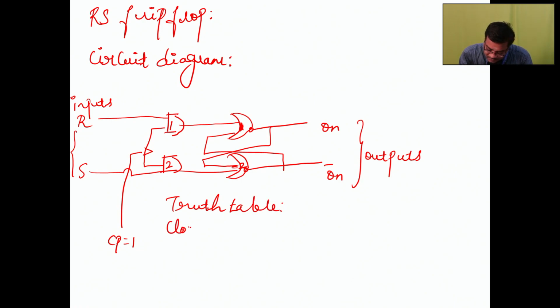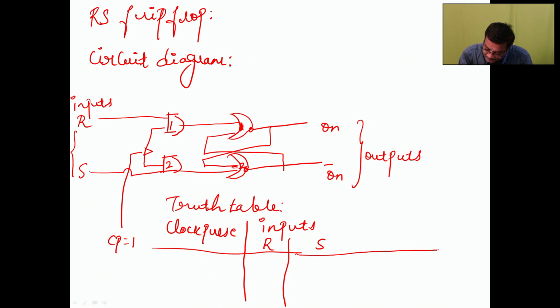In the truth table we have clock pulse, inputs R and S, next outputs, and finally the state.